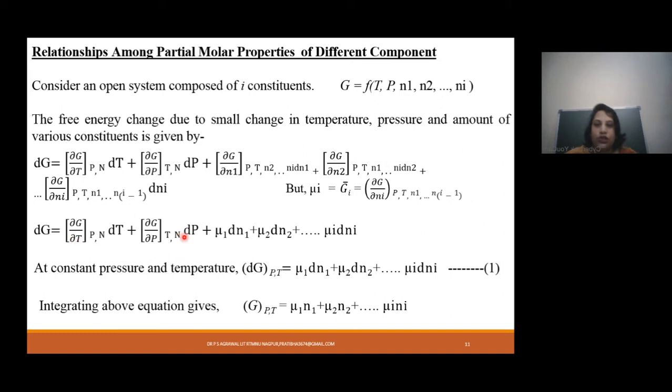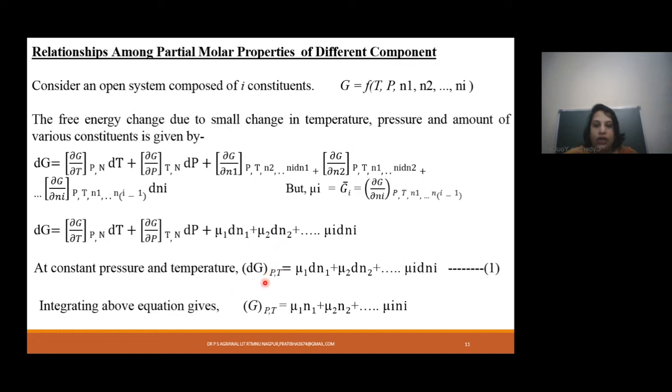So along with these two terms, we have to add all these terms also. But here we can successfully write del G by del N1 as mu1, del G by del N2 as mu2, del G by del Ni as mu i, because we have already introduced the term of chemical potential. Now what happens at constant temperature and pressure? Again these two terms will vanish and we will simply get this equation.